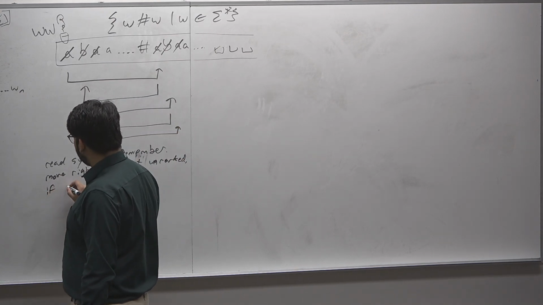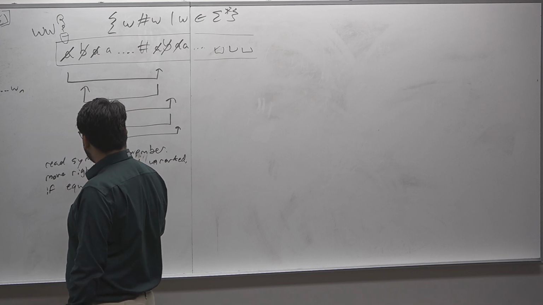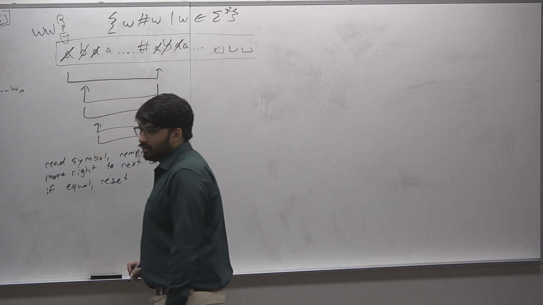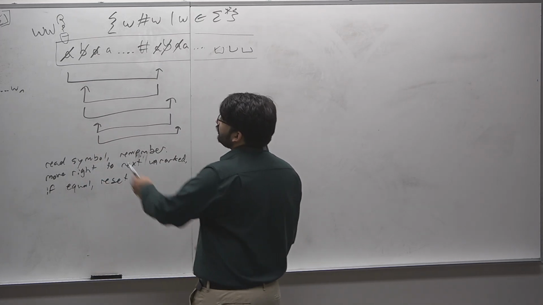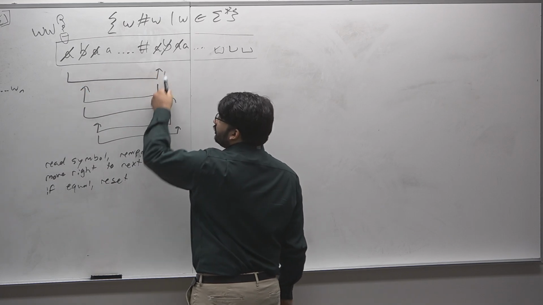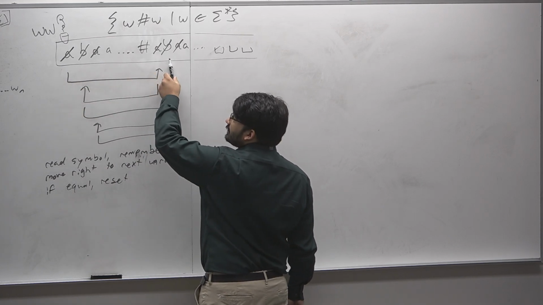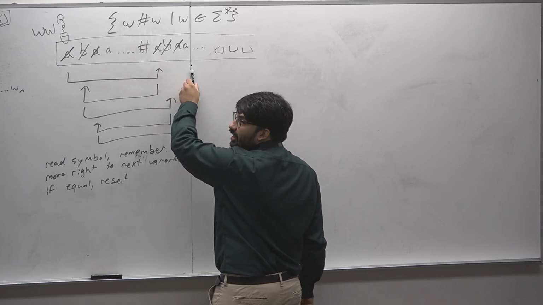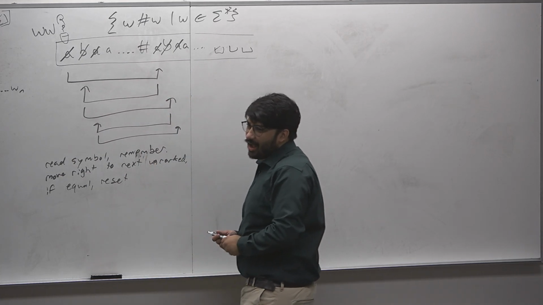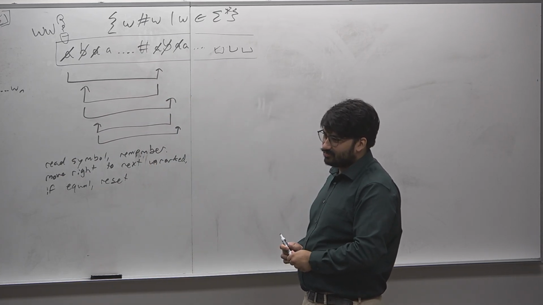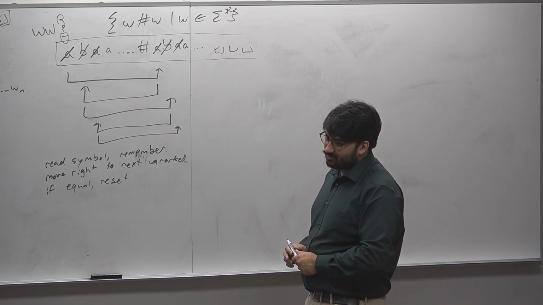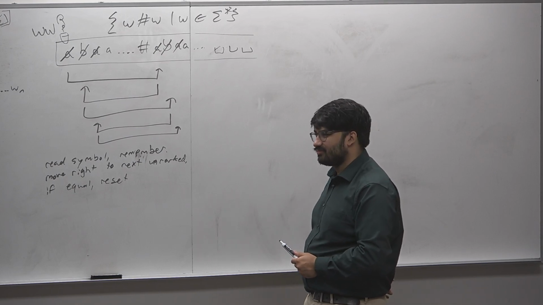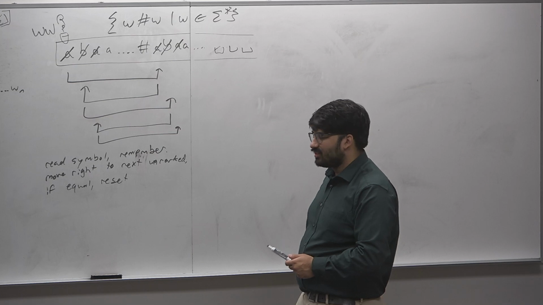If equal, reset. That's basically what's going to happen. You're repeatedly going to check this A against this A, reset here, check this B against this B, reset, check this A against this A, and so on. Now, when do you stop? When you reset, you see the hash.